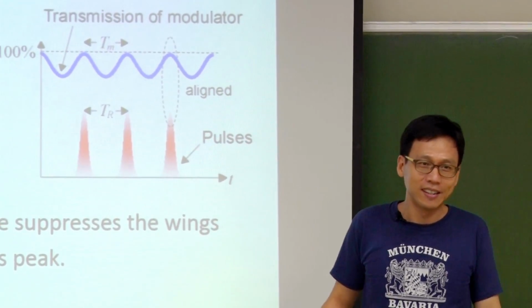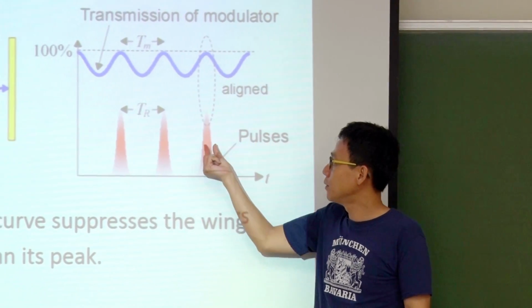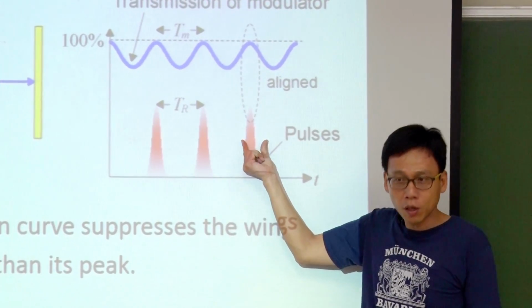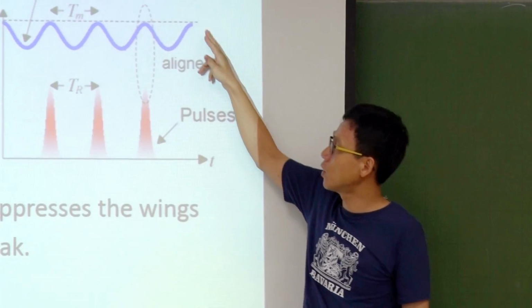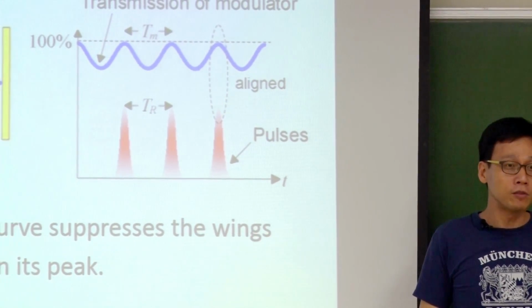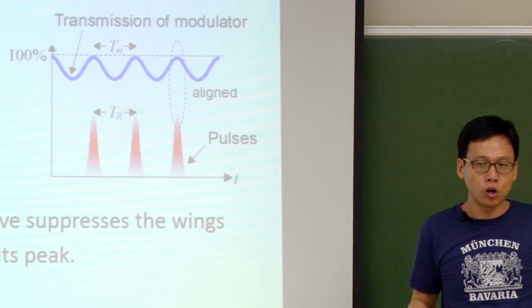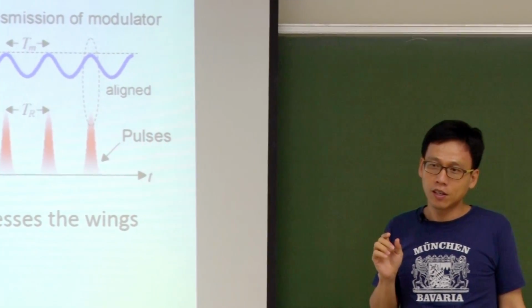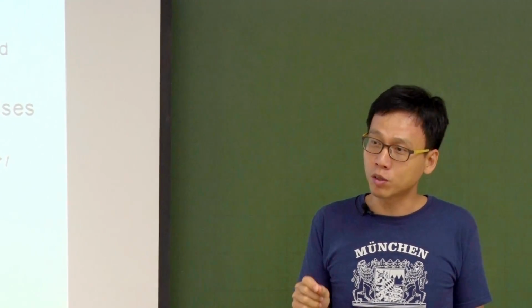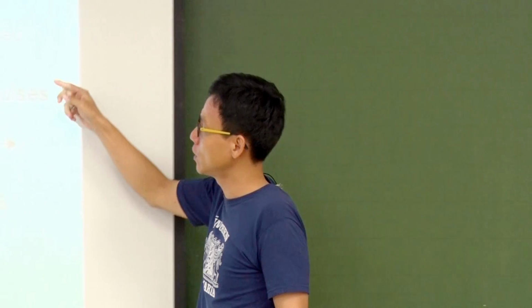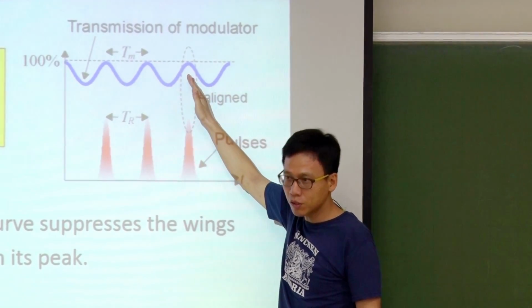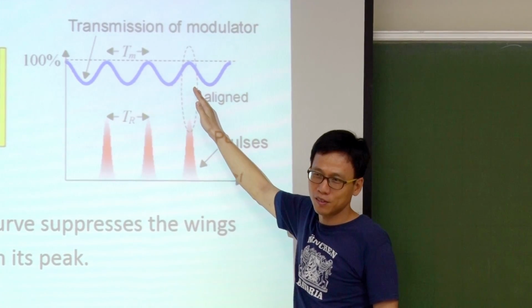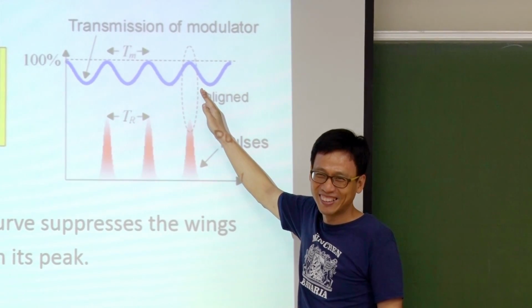Then the tendency is you compress the pulse in the time domain in the presence of the modulation curve, although the modulation is pretty weak per round trip. Think about the modulation here. You can shorten the pulse, but the force should not be too strong.